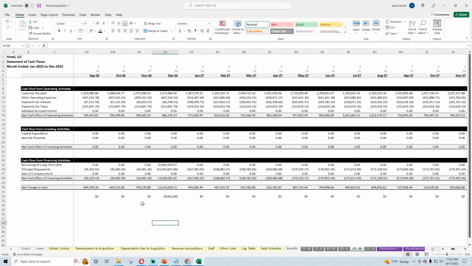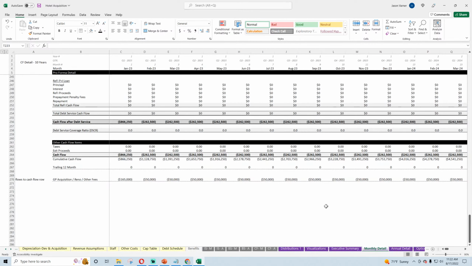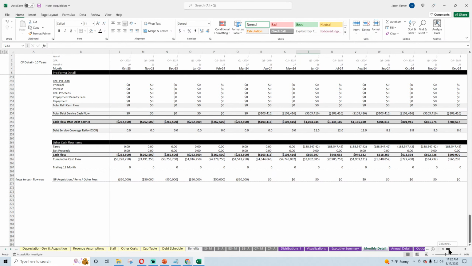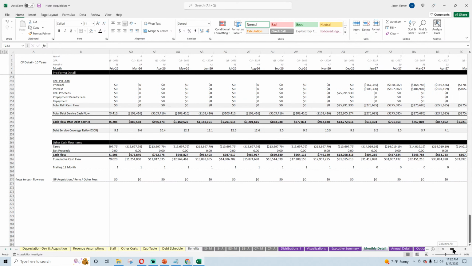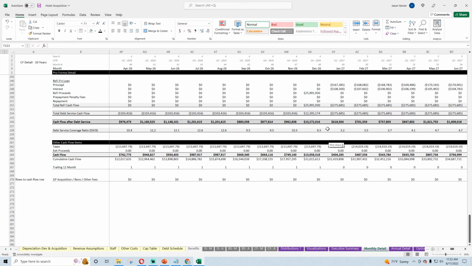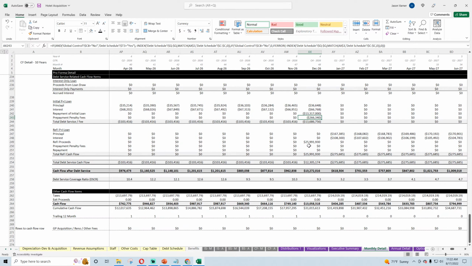I don't know exactly what it is. It is the prepay penalty, I believe. Let's look over here. Prepay penalty, 266,340. So I guess what we did is forgot to put that on the income statement as an expense.